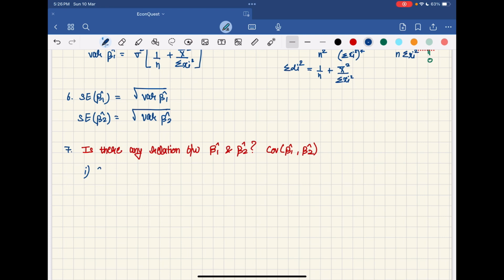So what is the value of covariance of beta 1 hat and beta 2 hat? It is equal to covariance between summation ci yi and summation di yi, right?